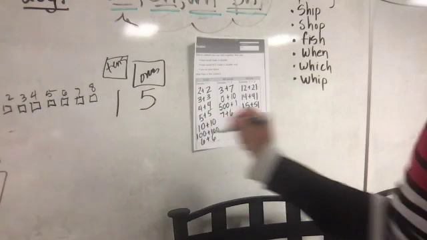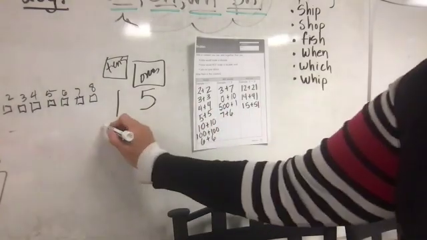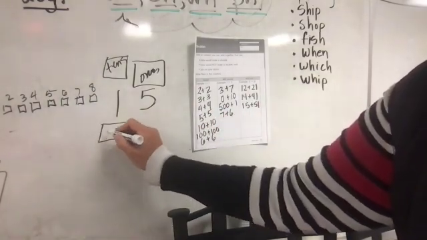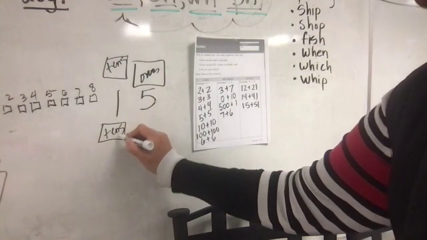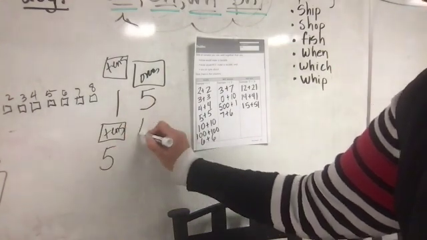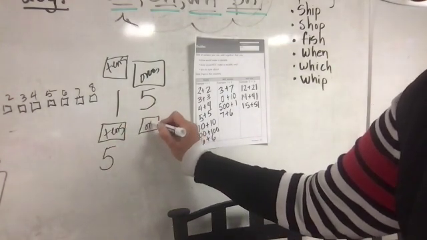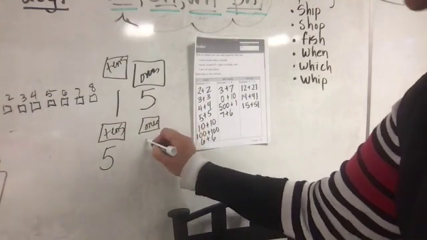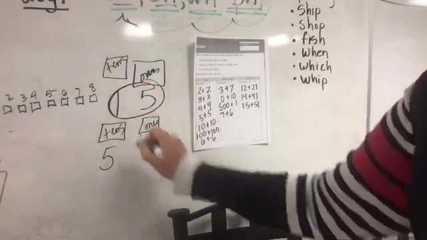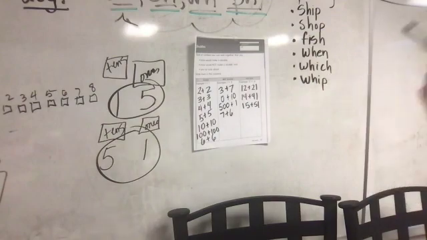And in the other number, I have a 5 in the tens column, and a 1 in the ones column. So 15 and 51, that way I can tell they are not the same and they're not doubles.